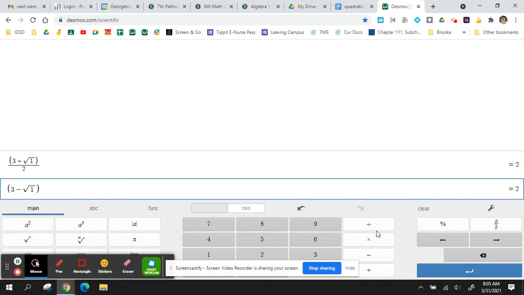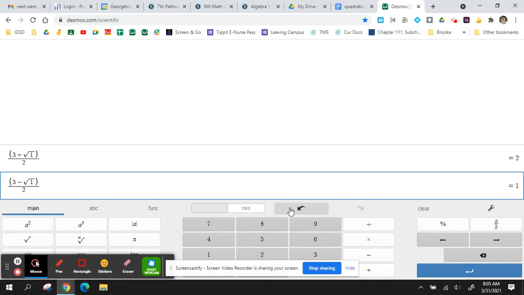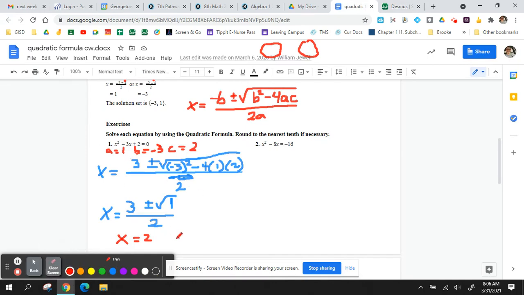And it is divided by 2. And we get 1 for our answer. There's our 2 answers. Guys, y'all can have 2 answers, 1 answer, or no answers, okay? And we'll talk about that later, though.